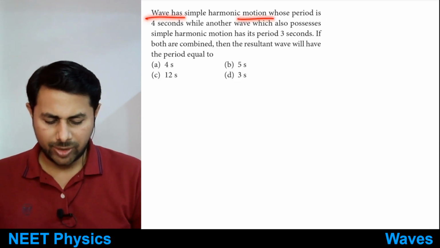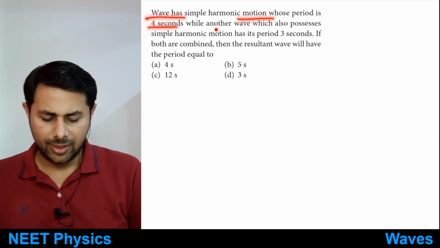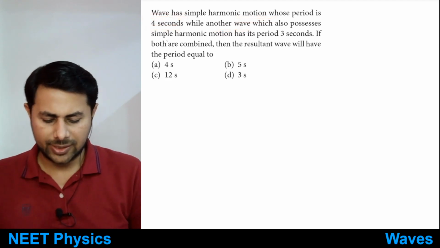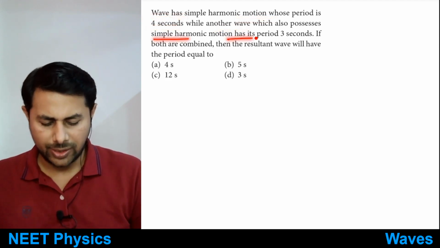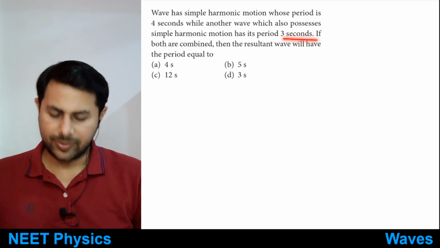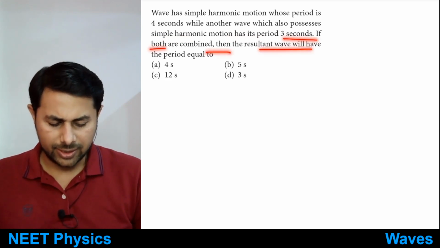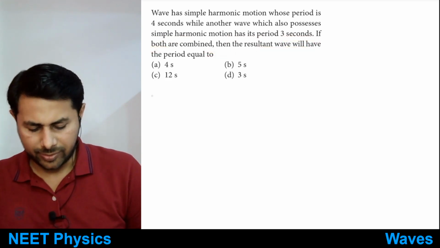A wave has simple harmonic motion whose period is 4 seconds, while another wave which also possesses simple harmonic motion has its period 3 seconds. If both are combined, then the resultant wave will have the period equal to. Tell me.